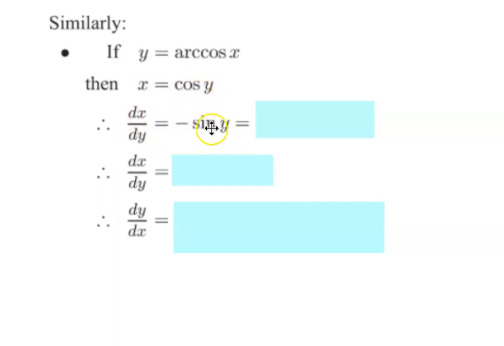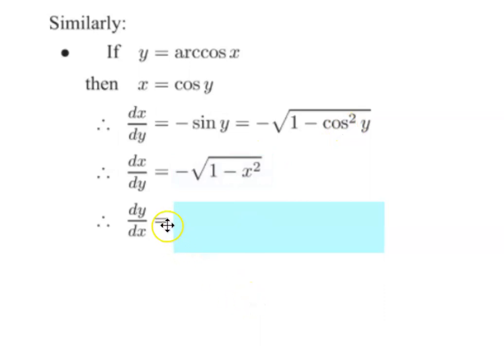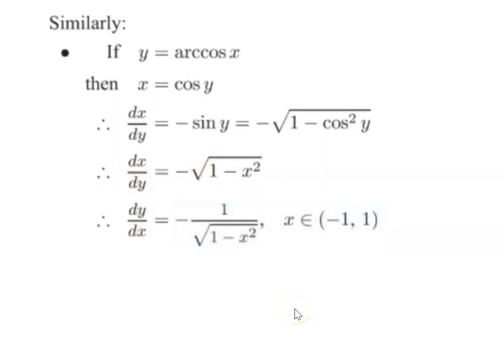Now replace sine y by the square root of 1 take cos squared of y. Cos y we know is equal to x. That becomes 1 take x squared. And then, using what we've seen previously, we can work out dy by dx is the reciprocal of that expression there. And once again, our domain for that function is the range of the original cos curve.